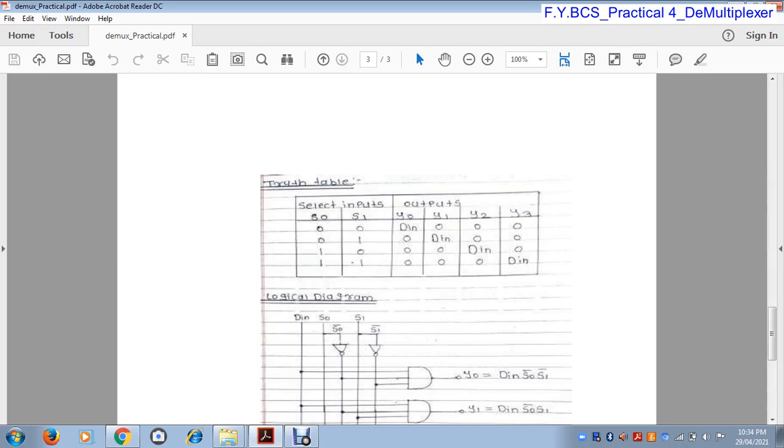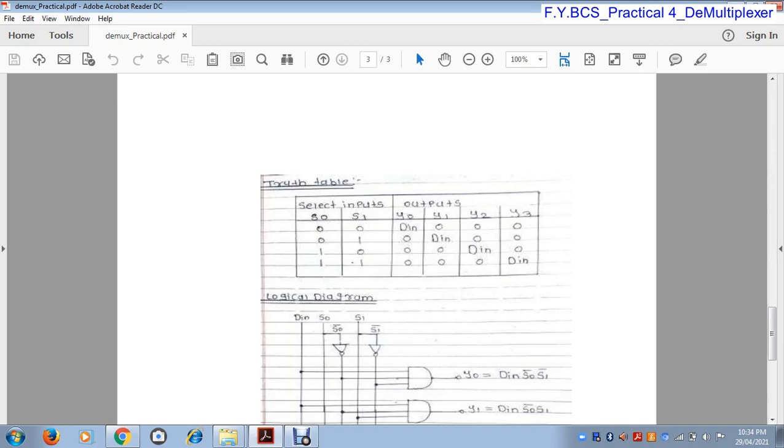The first condition is when S0 and S1 both are 0, then D in is connected to Y0. The second condition is when S0 is 0 and S1 is 1, then D in is connected to Y1.